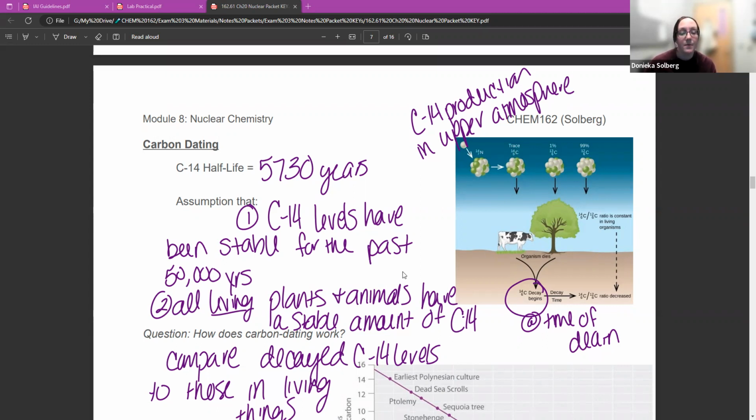Okay, so the thing that allows us to actually date these is that when an organism dies, then that C14 starts to decay. So living things have a constant amount, but when it dies is when the C14 starts to decay. So at the time of death is a normal amount of C14, and then as time goes on, we have less and less C14 in comparison to C12.